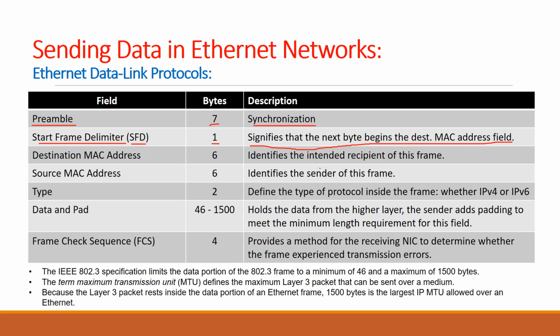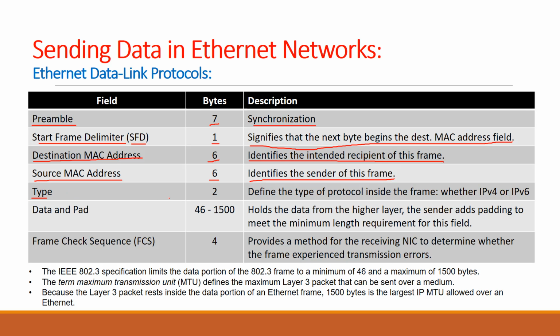After the synchronization, it just signifies that the next is the destination MAC address. So what is the destination MAC address? First of all, it's a 6 byte field, and it identifies the intended recipient of this frame. And the source MAC address is also 6 bytes. It identifies the sender of this frame.